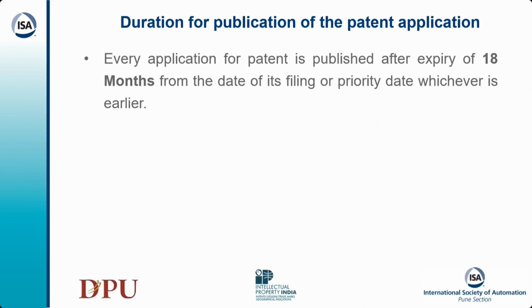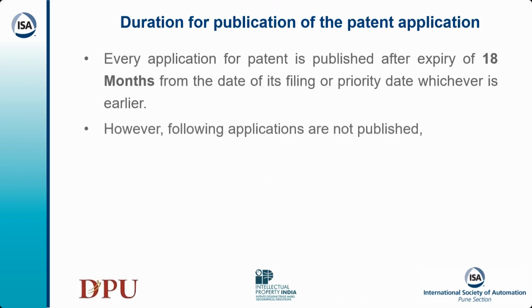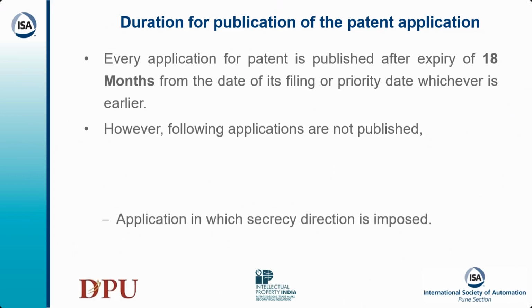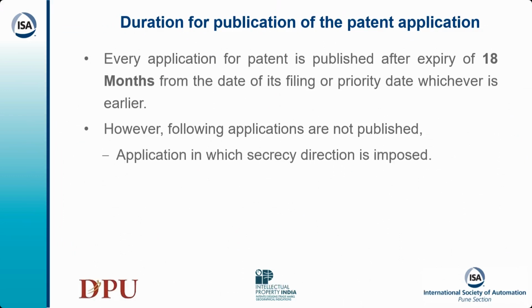Then duration, every application for the patent is published after expiry of 18 months. This is a natural publication of the patent, right? So once you file the patent today, after 18 months, naturally your patent will get published. And if you don't want to wait for this, however, you can give an application which is called the early publication, right?